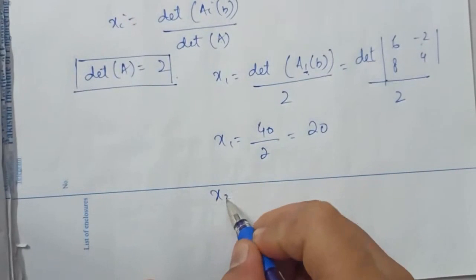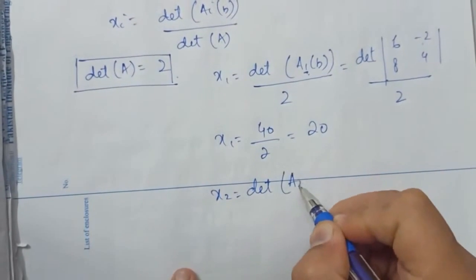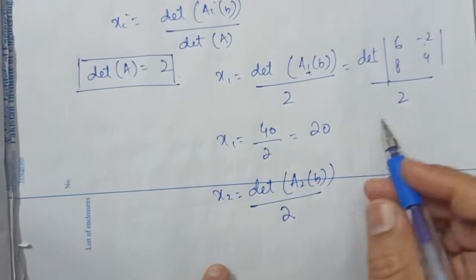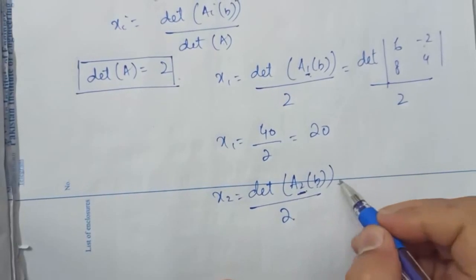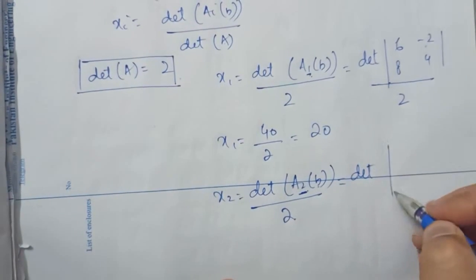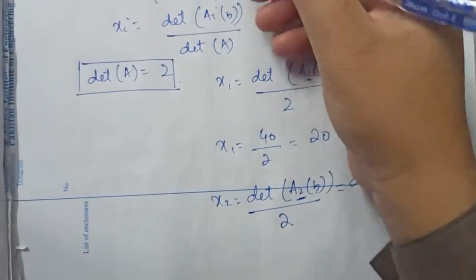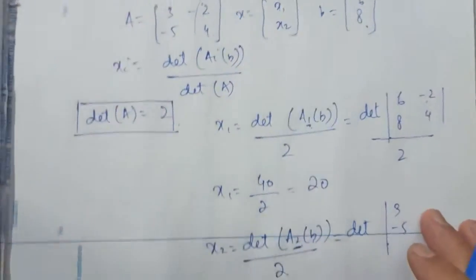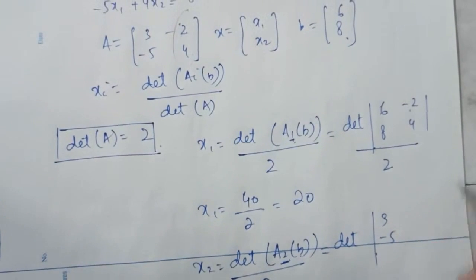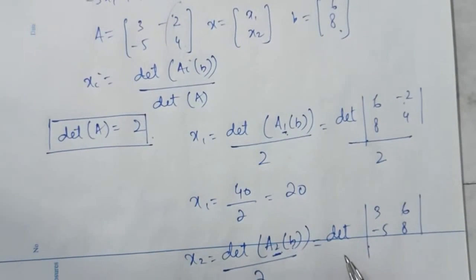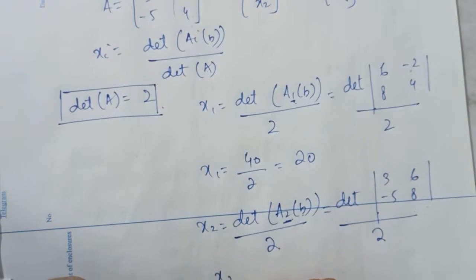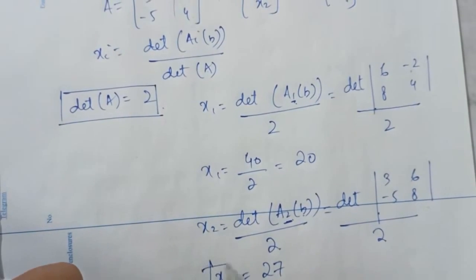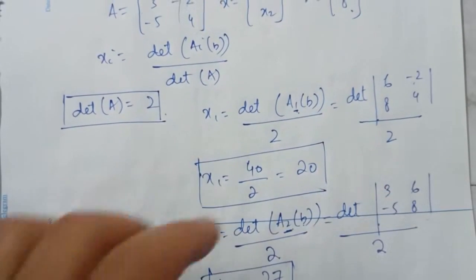Similarly, if I do x2, it means this is determinant of A2B divided by 2. Now for A2B, remember, the second column has to be replaced with B. So that is determinant of 3, minus 5, and this is your second column of A, which you have to replace with B. So B is 6, 8 again here. Divided by 2, that comes out to be 24 plus 30, that is 54, so the answer becomes 27. So x1 is 20 and x2 is 27.